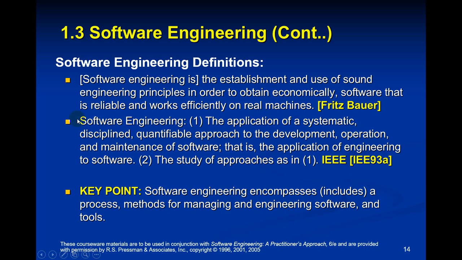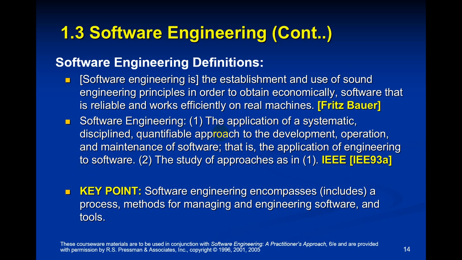Then, another version of software engineering: the application of a systematic, disciplined, quantifiable approach to the development, operation and maintenance of software, that is, the application of engineering to software. The first thing is that we apply a systematic, disciplined, quantifiable approach, some process or mechanism, in a particular direction.